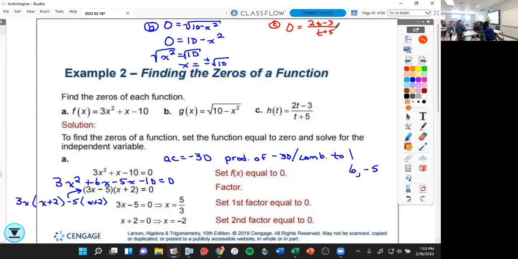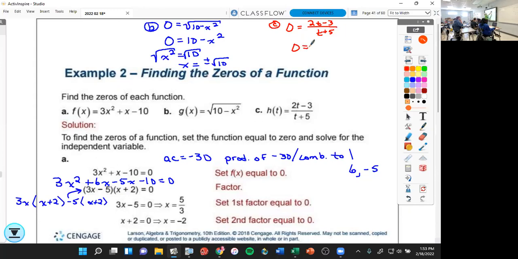Let me ask you this. Can the bottom ever be 0? No. If it was, what do you have? It's undefined, right? So in this case, and the book does it a little different, I'll talk about it in a minute. Because I know the bottom can't be 0, I'm actually just going to ignore it. Okay? I'm just going to ignore it.